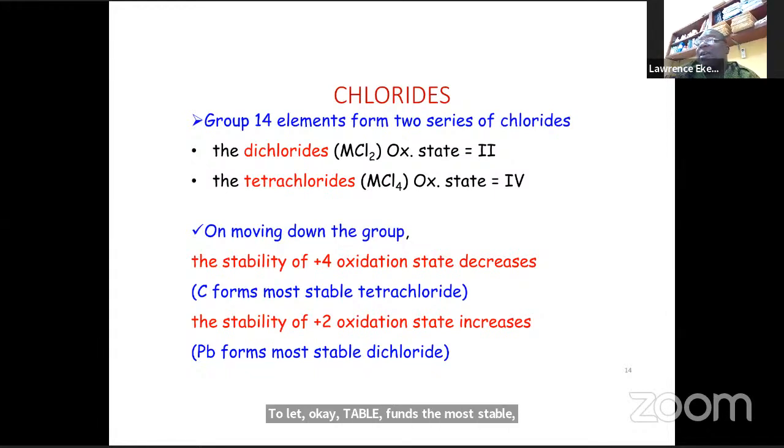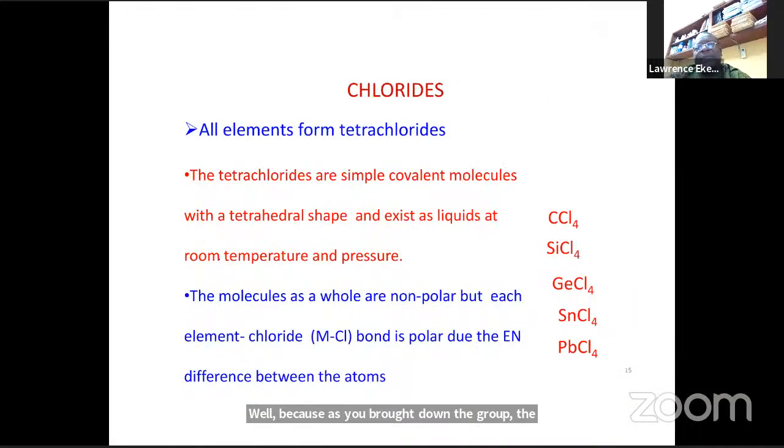However, the stability of the oxidation state +2 increases as you go down the group. What that means is that lead will have the most stable dichloride in the group.